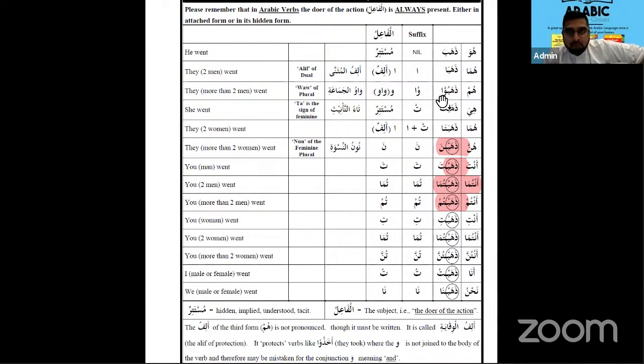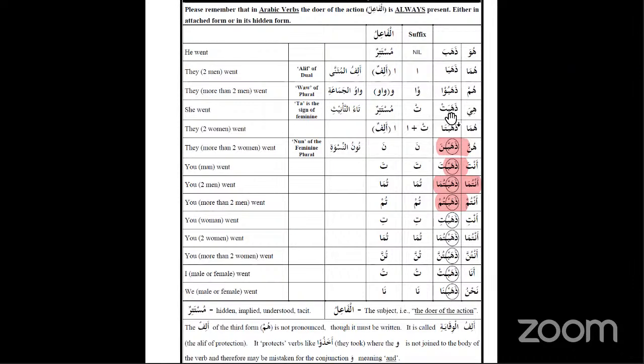In dhahabu, we added alif and waw, and the previous letter is given a dhamma, dhahabu. And when we want to make "she went," we add a ta with a sukoon, and it becomes dhahabat.